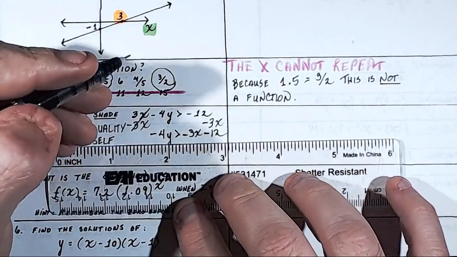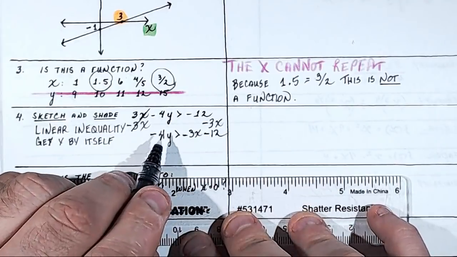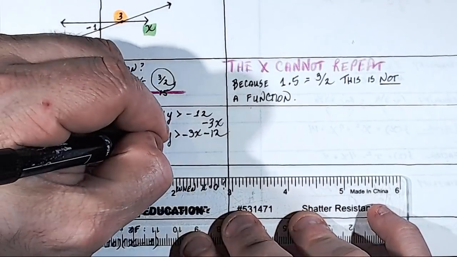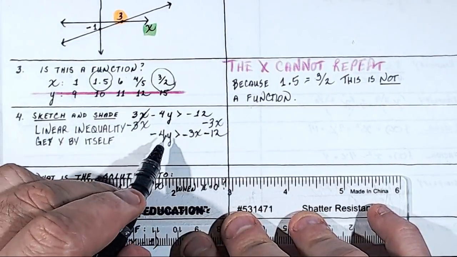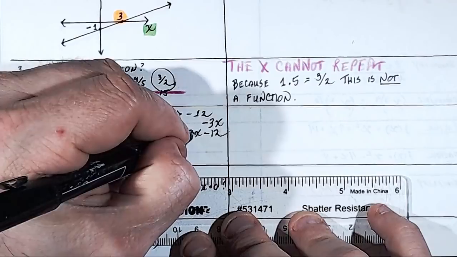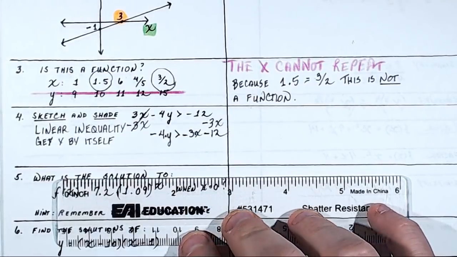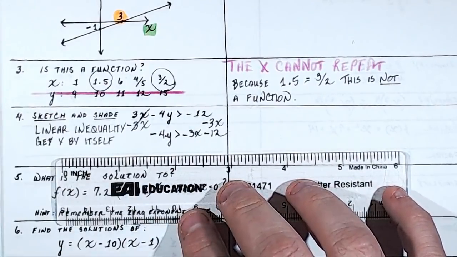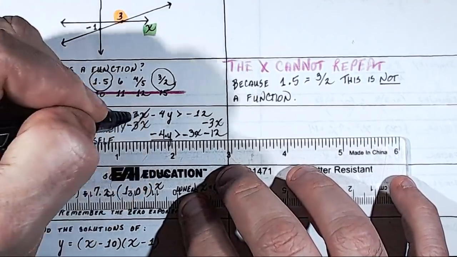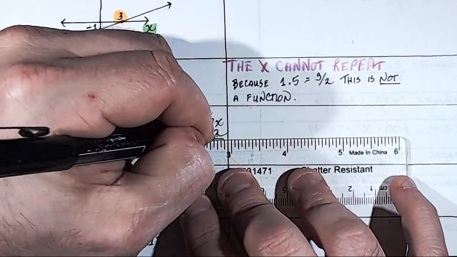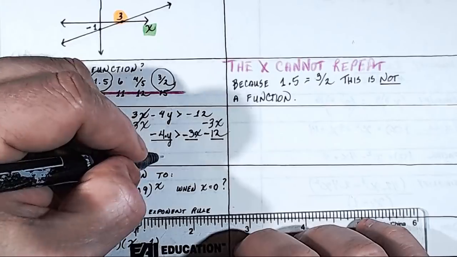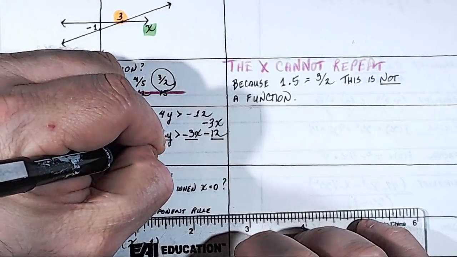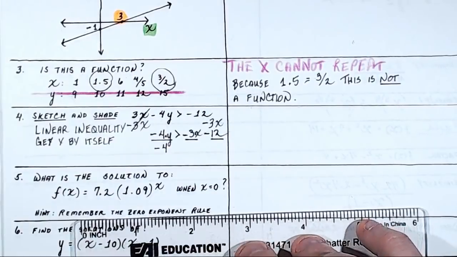Okay, so we're almost to y by itself. We just have negative 4 times y. Remember, there's a little multiplication sign right there between the negative 4 and the y, and between the negative 3 and the x. So we're going to do the opposite of multiplication, which is division. So we'll divide every term. Every term. In order to keep the equation in balance, we have to do it to every term. We're going to divide every term by negative 4.